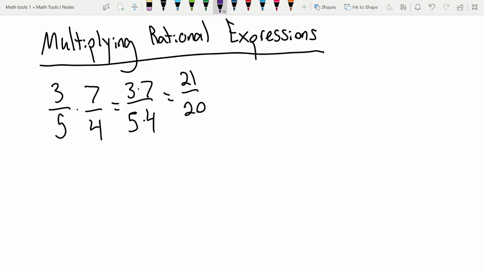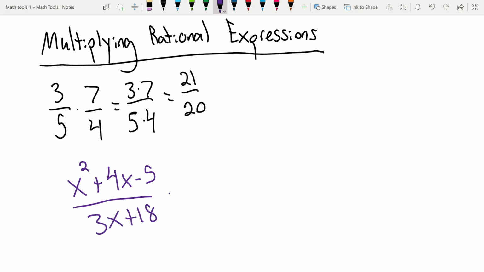Okay, so let's look at an example of x squared plus 4x minus 5 over 3x plus 18 times 2x minus 1 over x plus 5. Same idea.